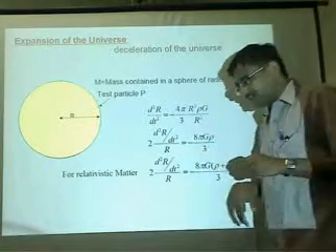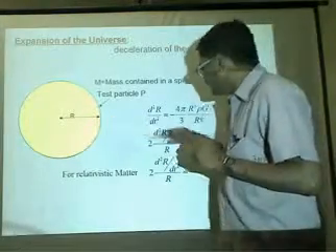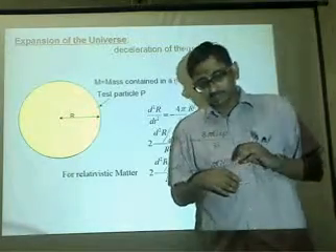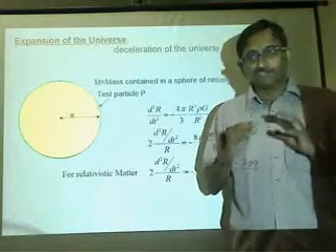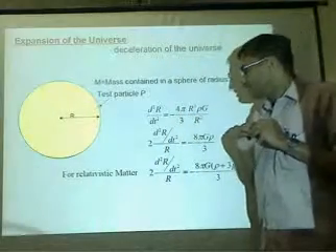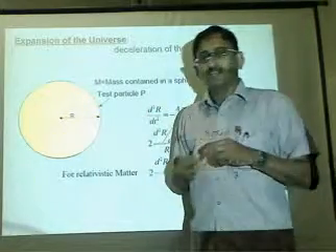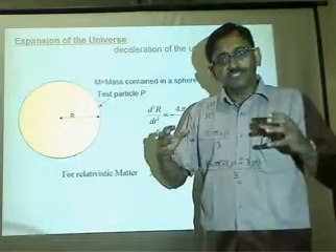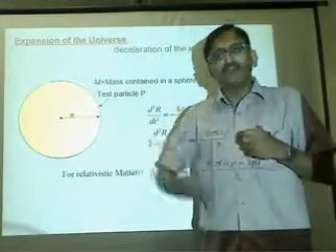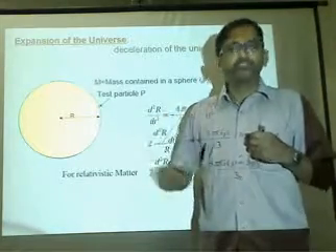Now here I need to mention an important point. This is true for non-relativistic matter, by which I mean that only the rest mass of the particles of the matter inside contributes to the gravity. Suppose I have relativistic matter, that is, the material not only contributes the rest mass but is also moving so fast that the increase in mass because of relativistic speed also contributes to gravity.